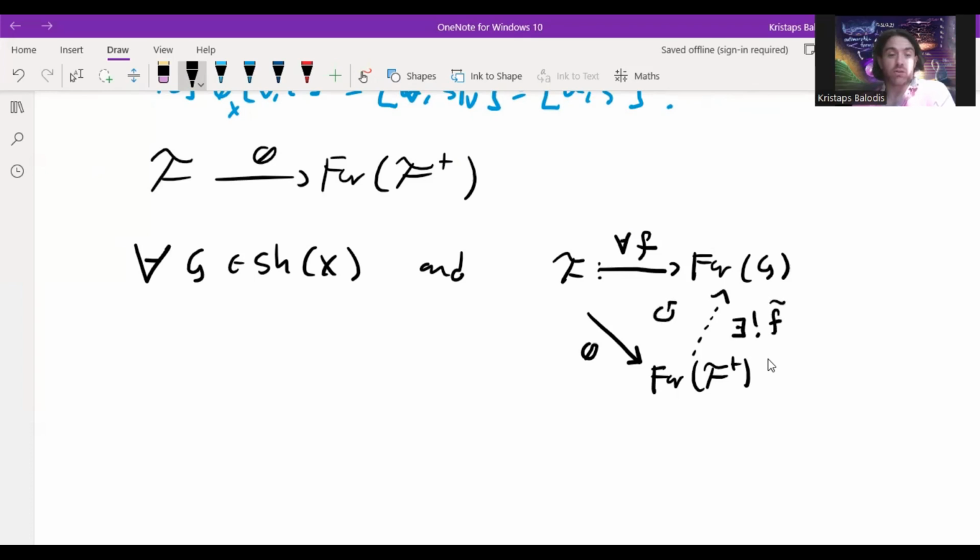In other words, there exists a unique map where doing f is the same thing as applying f tilde to theta.